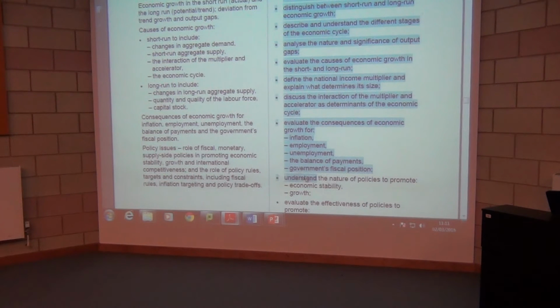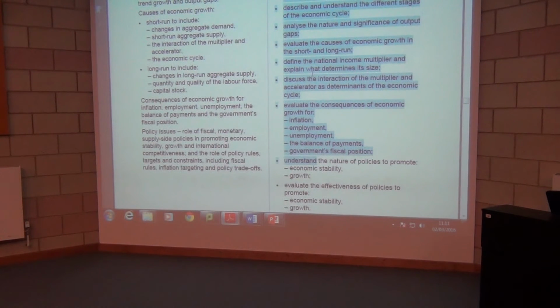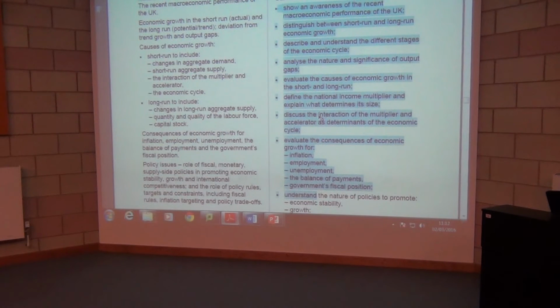Anyone got any idea of what the question actually might be? Josh, is it? Define globalization. Remember, we're looking for things from this right-hand column here, which might be the likely question. Short run and long run growth?